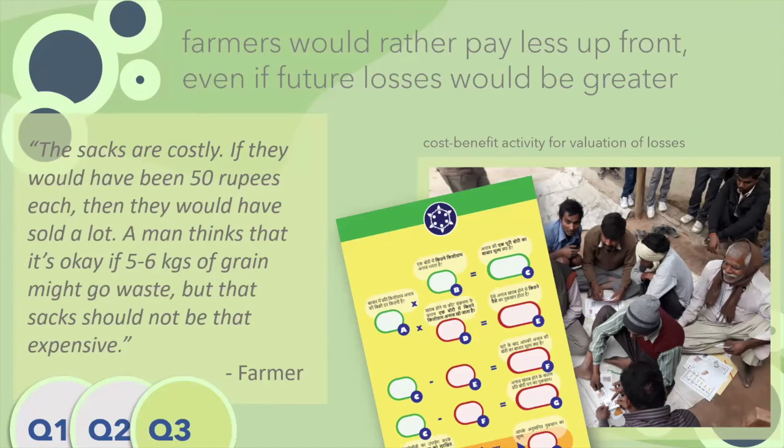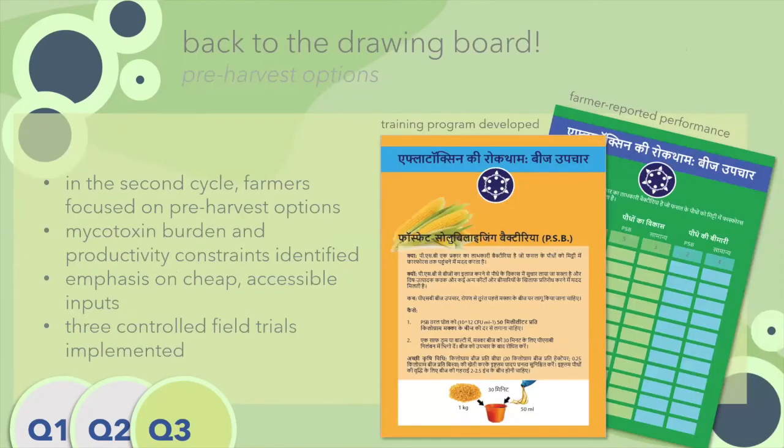And so in the second year of trial activities, and I'll just wrap up with 2 quick slides and not go into great detail, we focused our next cycle of work on pre-harvest options, particularly with emphasis on cheap and accessible inputs. So we developed training programs for 3 methods and implemented a farmer-reported performance evaluation system where farmers would compare their experimental treated plots with untreated control plots identified in their same fields.